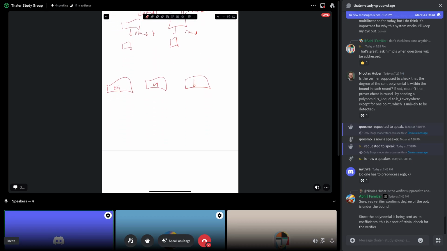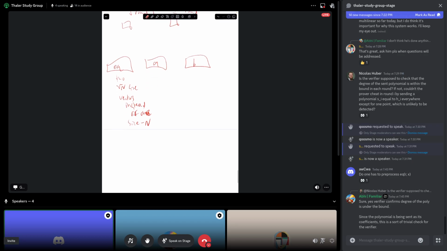But because EQ is so structured, it turns out, and this is only being recognized in the last month or something, the prover doesn't need to store all of EQ, but rather can store two square root n size vectors instead of one size n vector. And it's not just a space savings. These two square root n size vectors only take square root n pre-computation time instead of n pre-computation time.